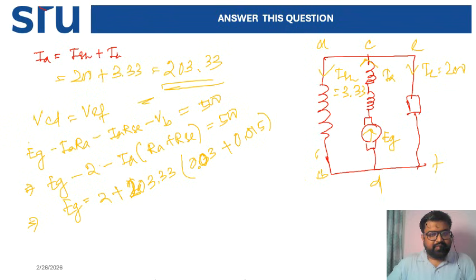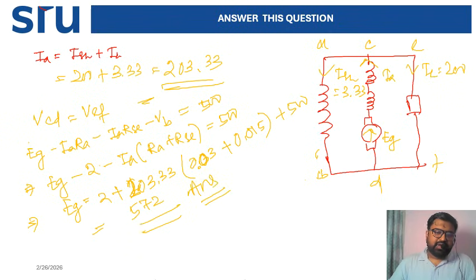This is the plus 500. It is already there. The total value is coming around 572. 572 is the answer, the total EMF generated across this armature.